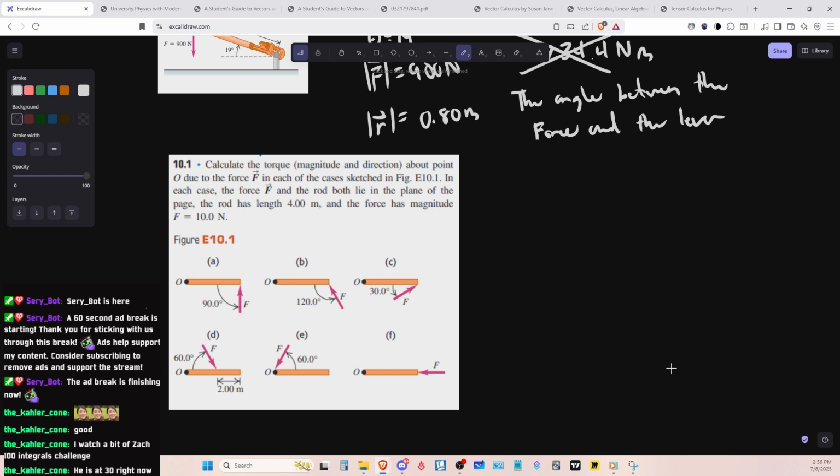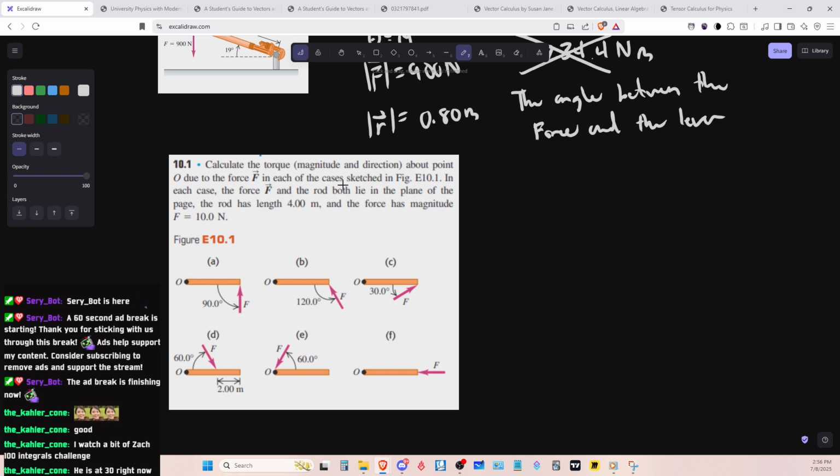Okay, you guys can see. I sometimes worry that you won't be able to see what I'm putting in. Let's see. Calculate the torque, magnitude, and direction about the point O, or 0, or the origin. So we have a force and we have a lever, or a rod.